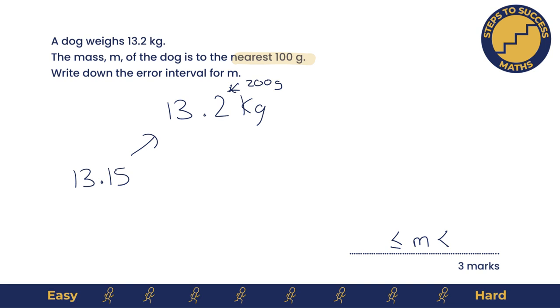And then if you go to the other side, above it, you've got 13.25 for 250, because that's where it changes and rounds up to the next whole number. So you've got 13.15 and 13.25. Error intervals can be tricky.